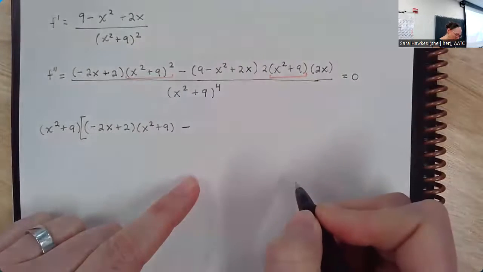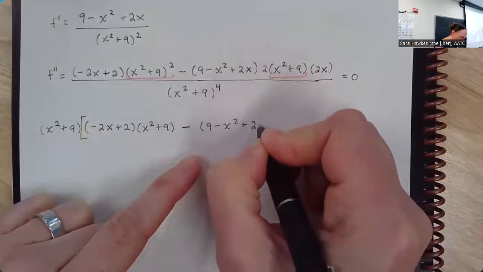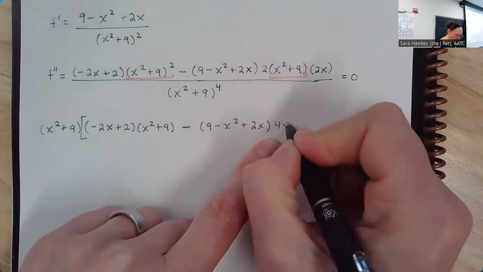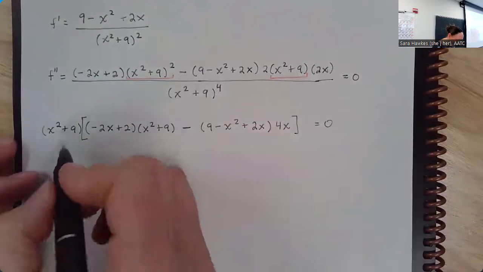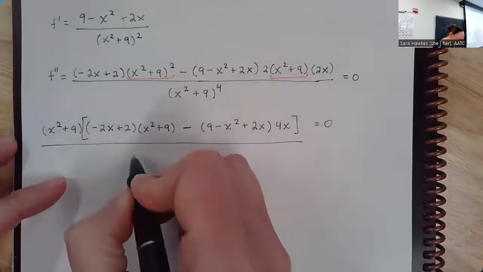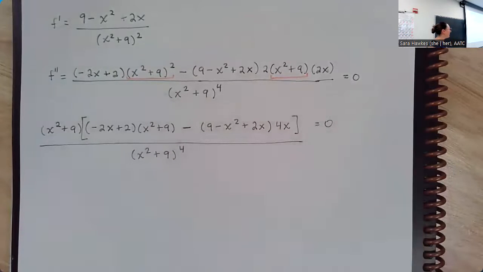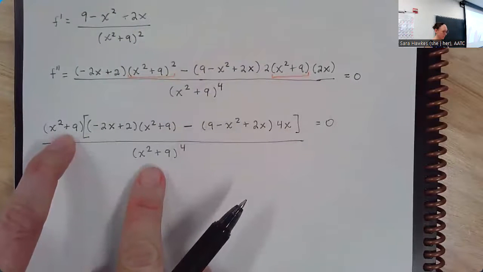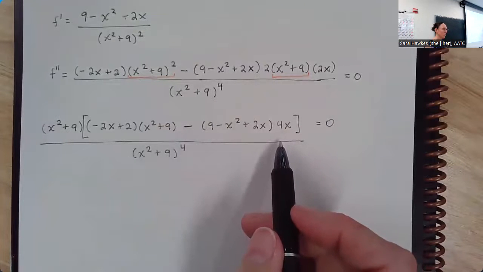From the second piece, I would be left with 9 minus x squared plus 2x. I'm going to take that 2 and that 2x and multiply them together to get a 4x. And that whole thing is over x squared plus 9 to the 4th. One of these will cancel out. That's going to be a cubic, which if we get really, really lucky is going to factor.